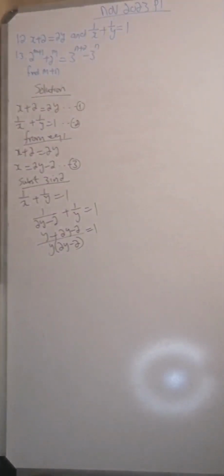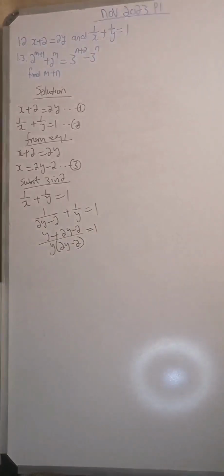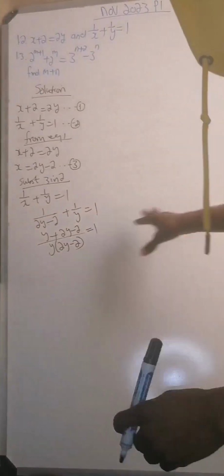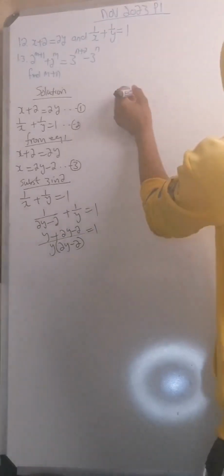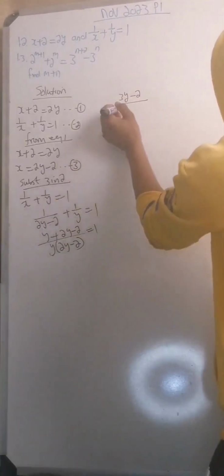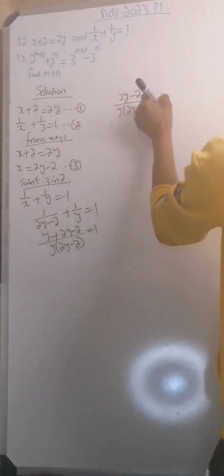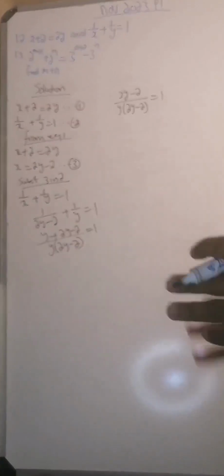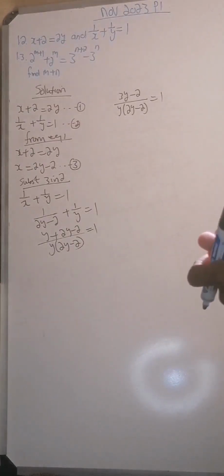Very important that we see that. Now there are some like terms that can be collected from this. y plus 2y is 3y, minus 2, divided by y into 2y minus 2, equals 1. Very important. Now from here, what is it that I can do?